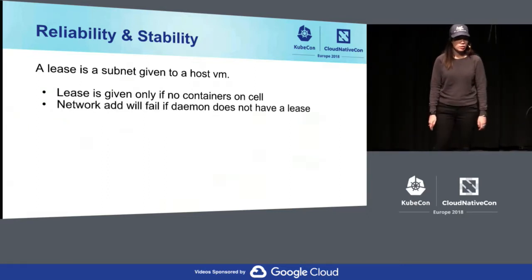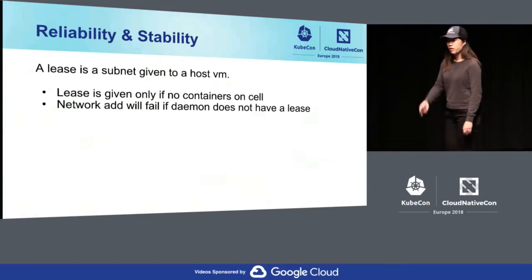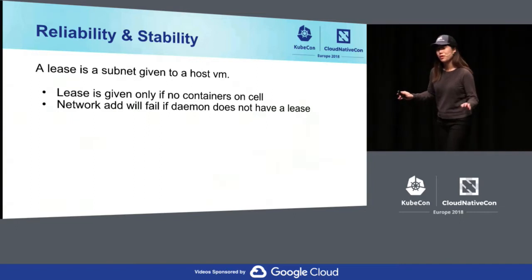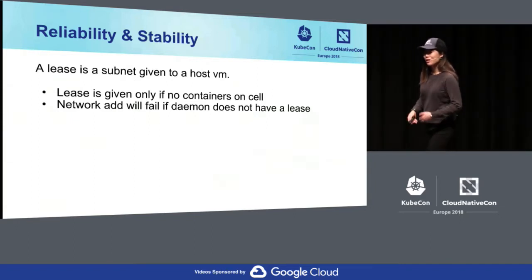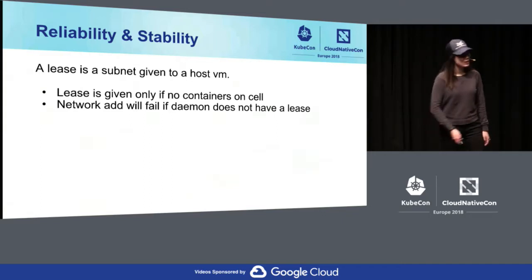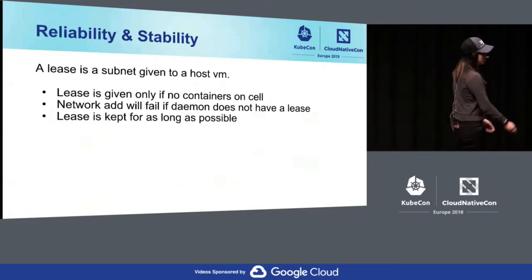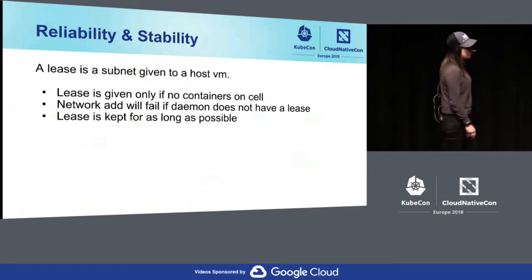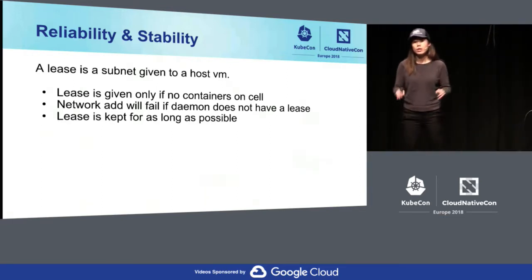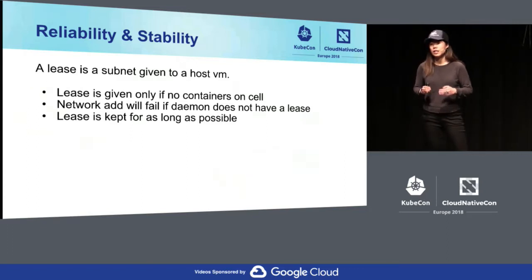The second design decision we made was that the network add would fail if the daemon didn't have a lease, which seems pretty straightforward, right? If you don't have a lease, if you don't have a subnet, what are you allocating container IPs from in the first place? And lastly, the final design decision we made was that the lease should be kept for as long as possible. And this was truly to prevent against the case of long-lived network partitions.